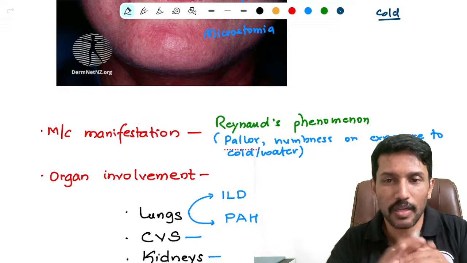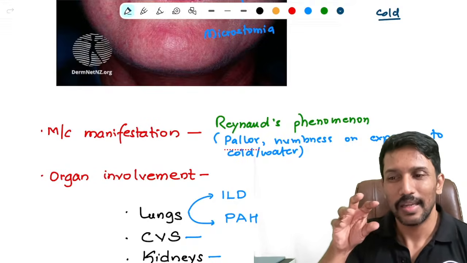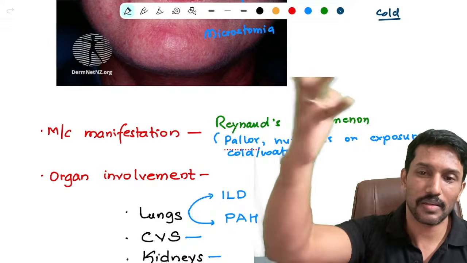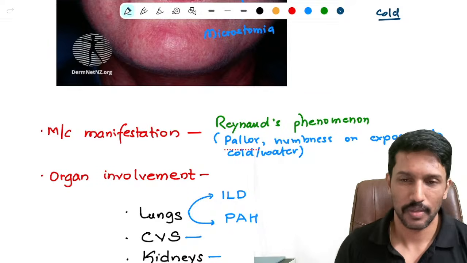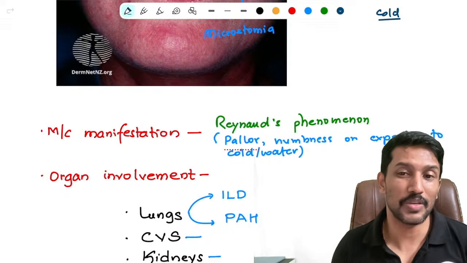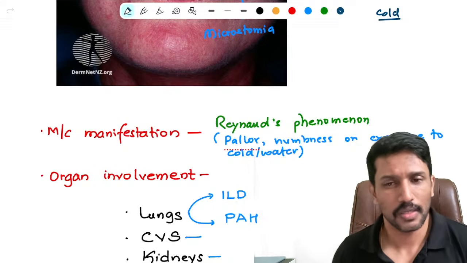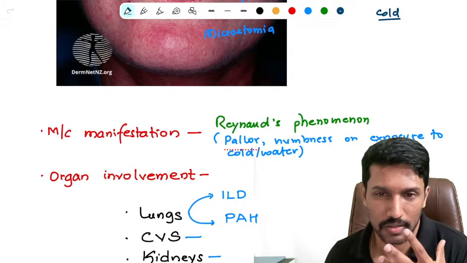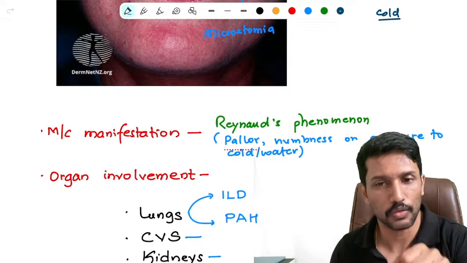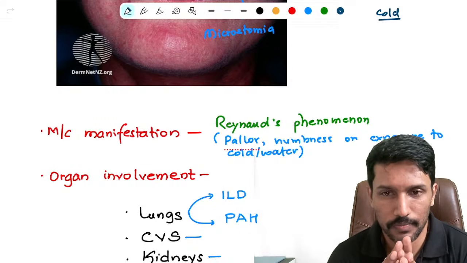It will prevent the blood coming to the peripheries or surface, because it is the internal organ heat through blood coming to the surface and we are losing that heat to the atmosphere. But if I cause vasoconstriction, this blood is not coming to the surface so that I can preserve the body temperature, right? And to help do this, we have the sympathetic nervous system. So whenever we get exposed to cold, the sympathetic nervous system gets activated. It causes the vasoconstriction.